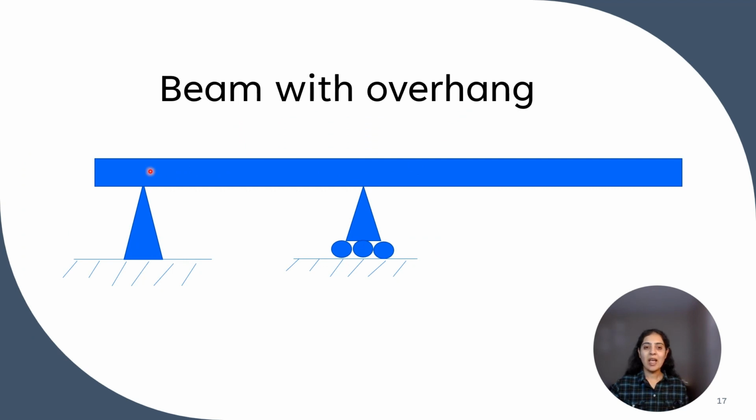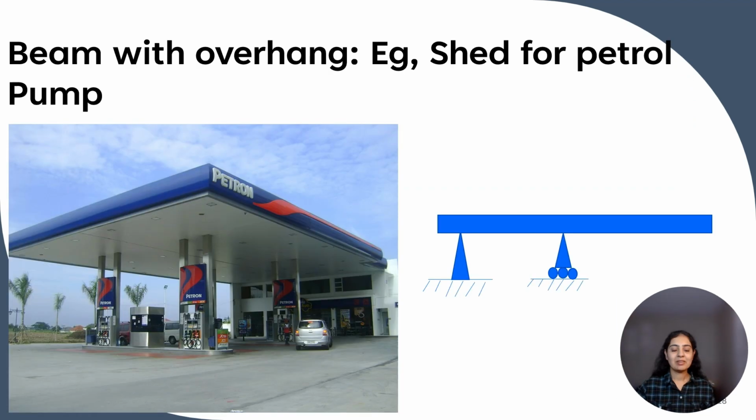Beam with overhang. Here the beam is supported on two supports and it is also overhanging. The example of a beam with overhang is the shade of a petrol pump. You can see here it is supported on these two columns and this part is overhanging.